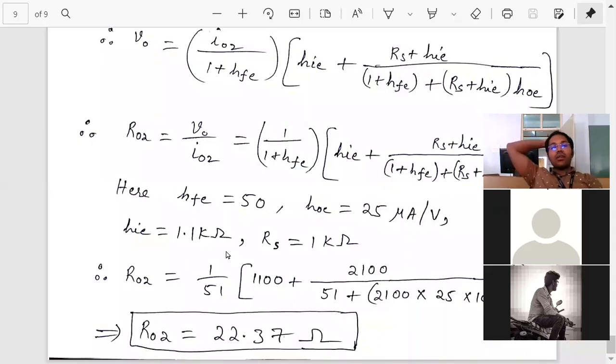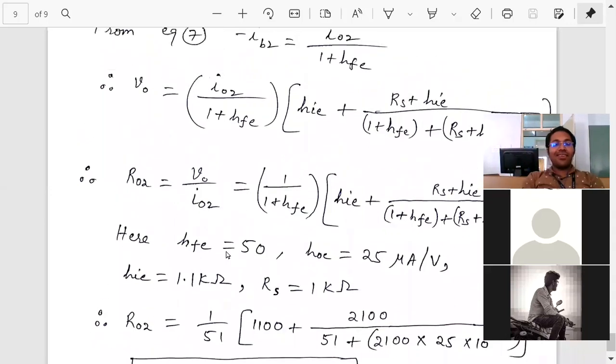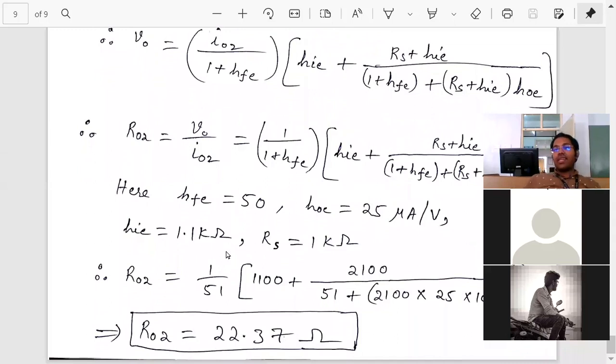To get R naught, this value 22.37 in parallel with 1 kilo ohm, 22.37 into 1000 by 22.37 plus 1000. Okay, R1 R2 by R1 plus R2. That will be the R naught, right? Calculate R naught and tell me what you are getting.